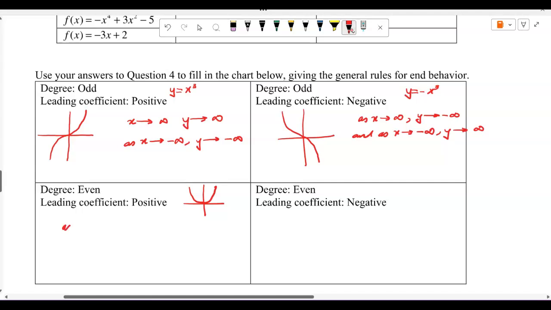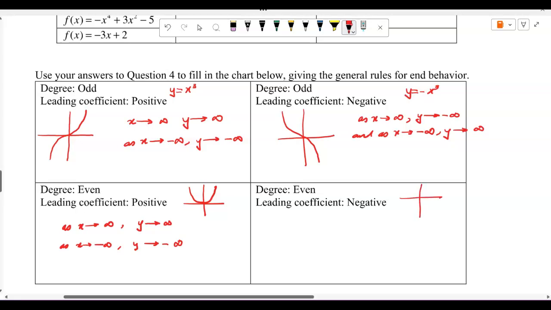So what can you say as your x goes to infinity? We are looking at this end. As x goes to infinity, what will happen to it? And the other end, so degree is even and leading coefficient is negative.